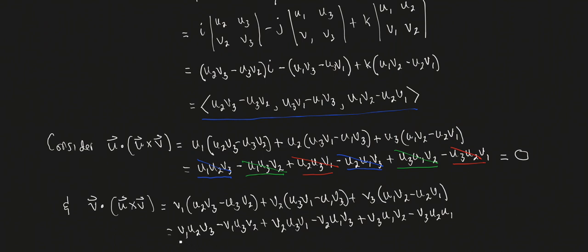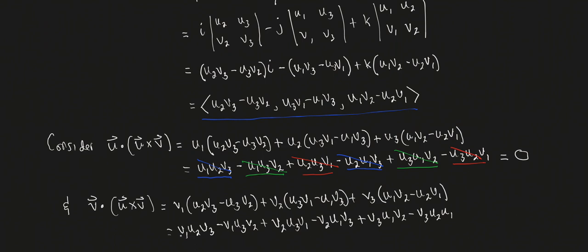So we're looking for something that has a V1 and a U3. This is V3, U2, V2. All right, so let's see.